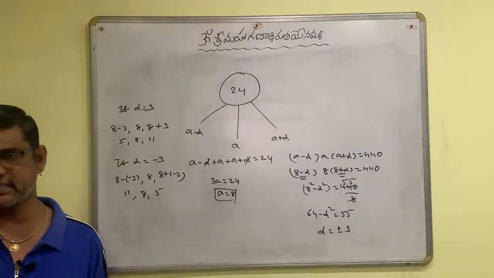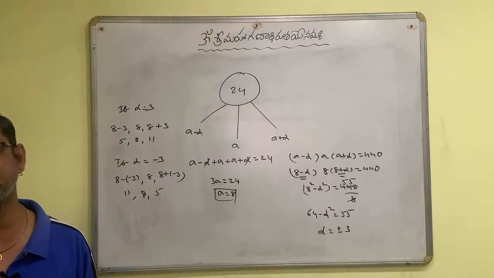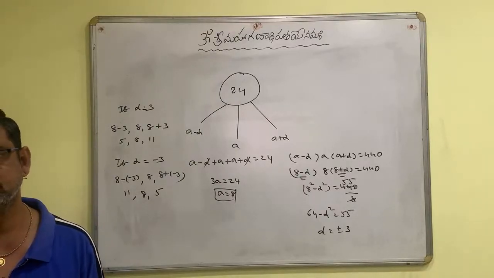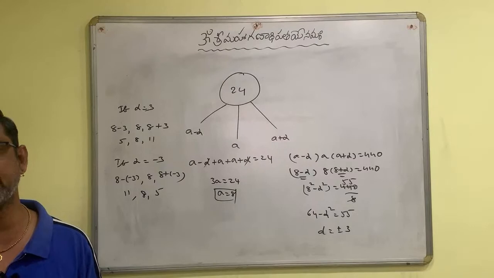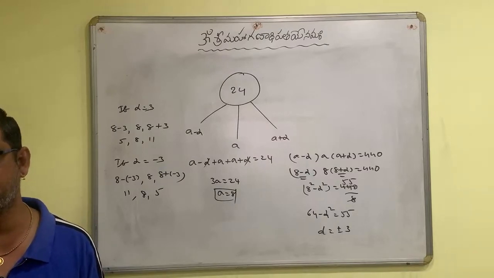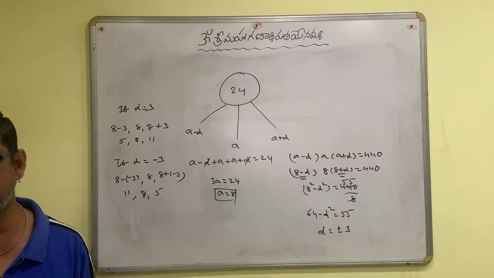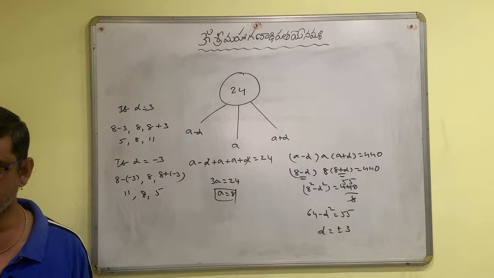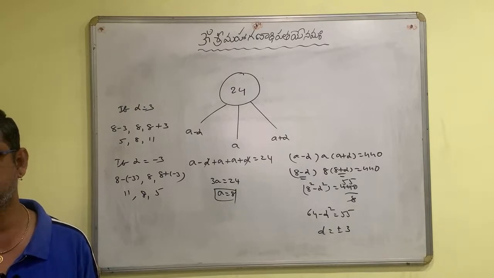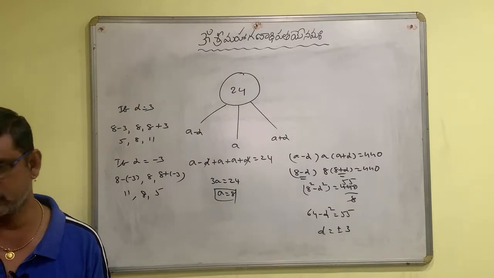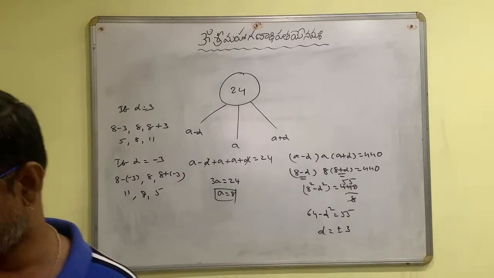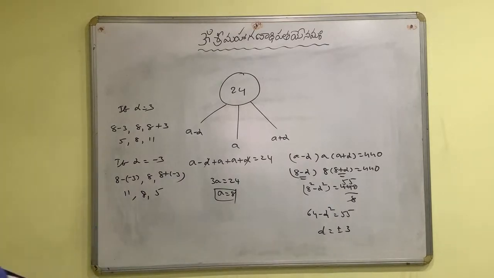In both cases, we got the same numbers. If d is 3, the three numbers are 5, 8, 11. If d is minus 3, the three numbers are also 5, 8, 11 only. Okay? So this is what you have to understand.